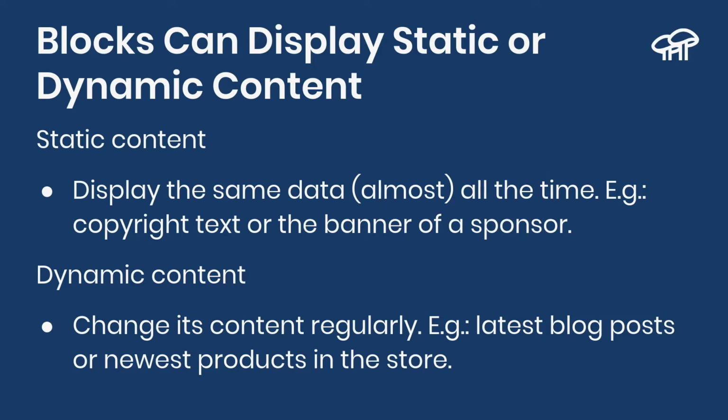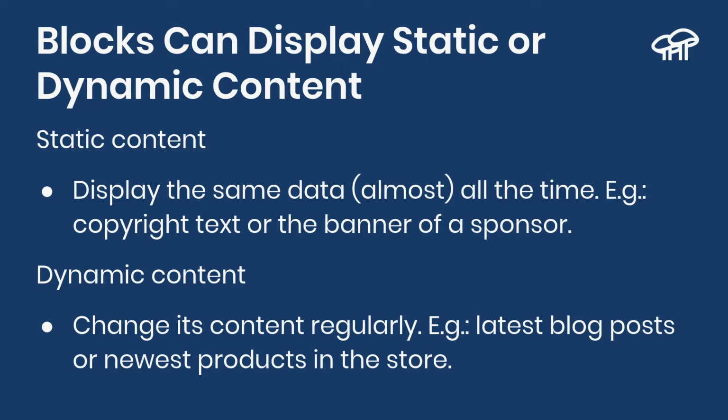For example, if you have a copyright text, copyright 2019, that's not going to change throughout the whole year. So that can be described as a static block. Or if you have sponsors for your event and you want to highlight a banner in every page, that's a static block. But you can also have dynamic content via blocks that changes regularly.